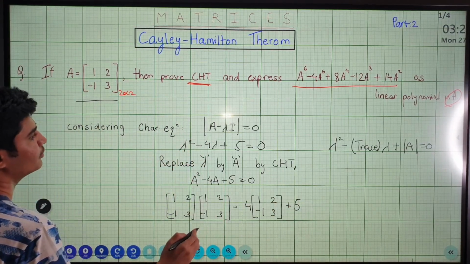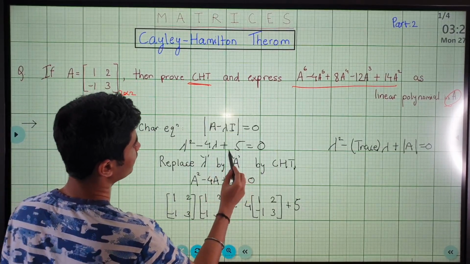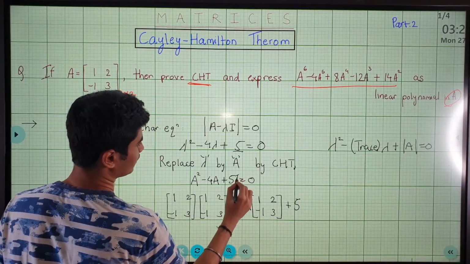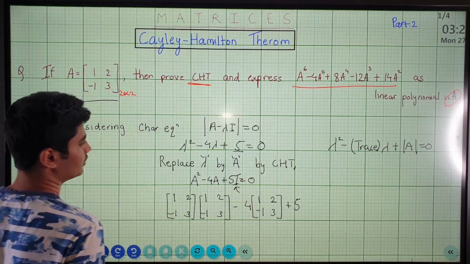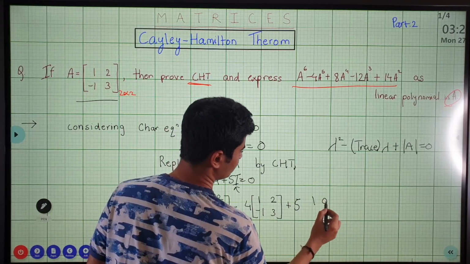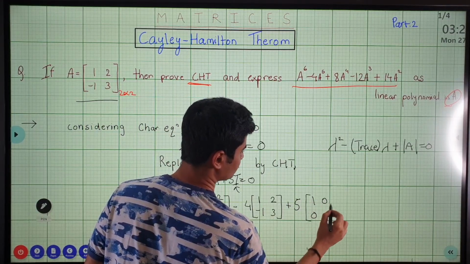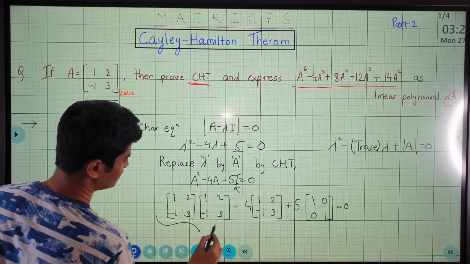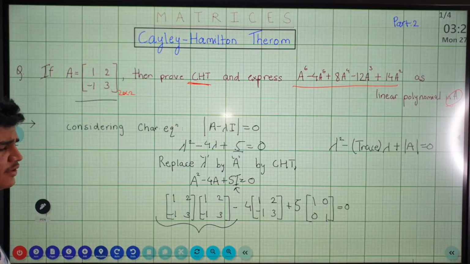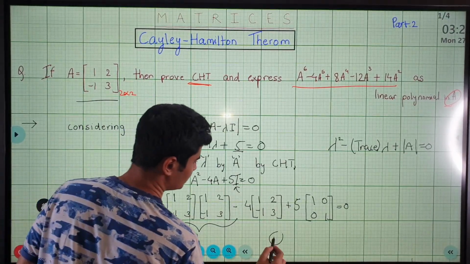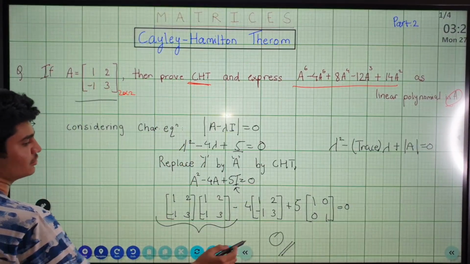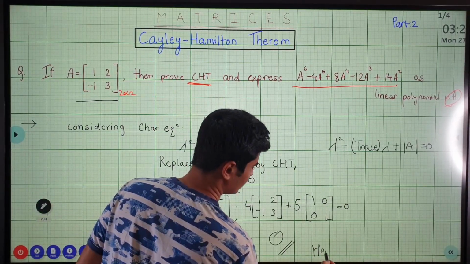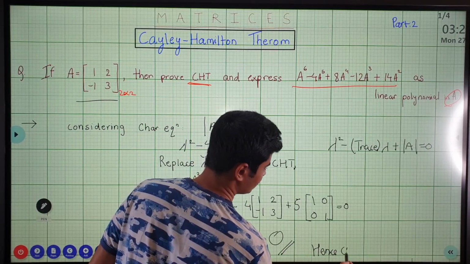Now here you have to see that while converting a number to a matrix, we have to just write I there. So to remember this, here it would be [1, 0; 0, 1] equal to 0. So now you can actually put this equation in the calculator, and the final answer will always come out to be 0. If it is not coming 0, then it is your mistake. So hence we will write that Cayley-Hamilton theorem is verified.